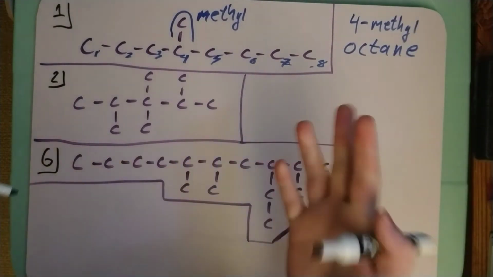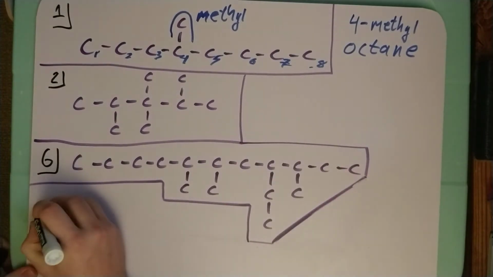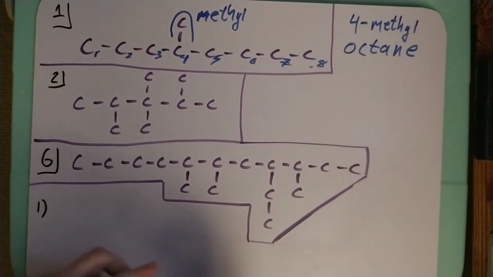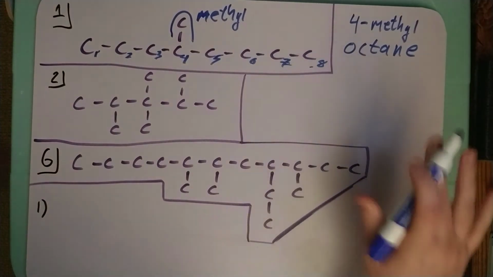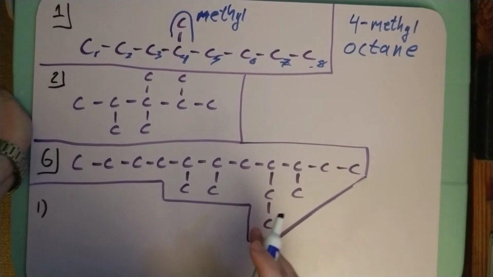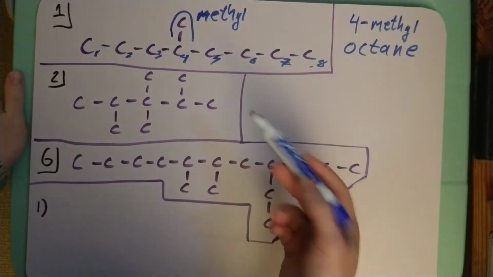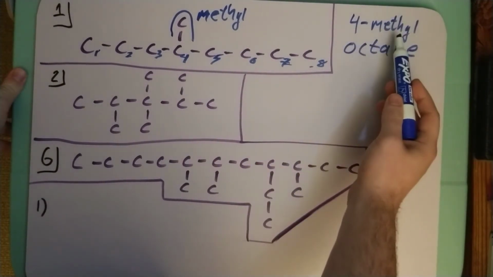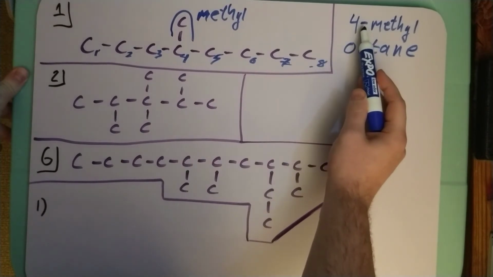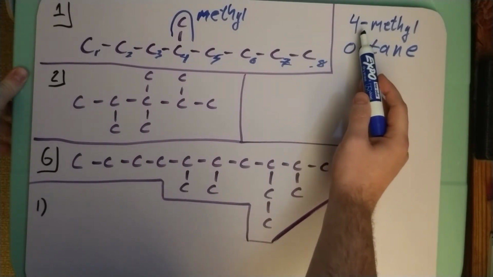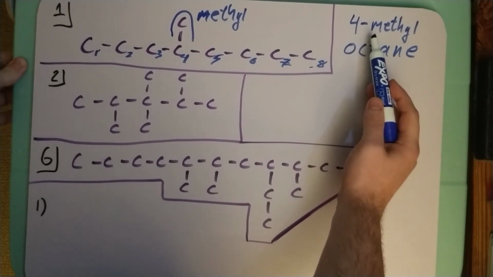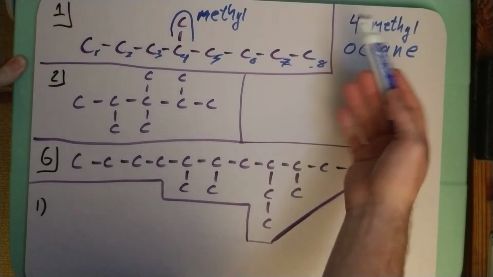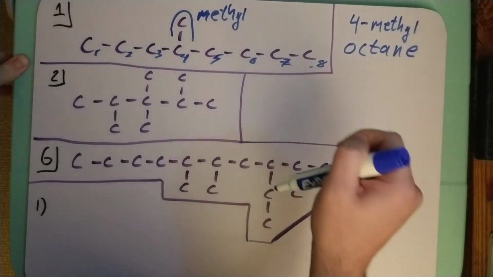So, number 1's full name, we need to organize this information in a specific way. First, we list the branches alphabetically. Since there's only one, that's not terribly difficult. Note that I've put a hyphen here. You always have a hyphen between a number and a letter. Right? And you always have a comma between two numbers, which we'll see a little bit later.